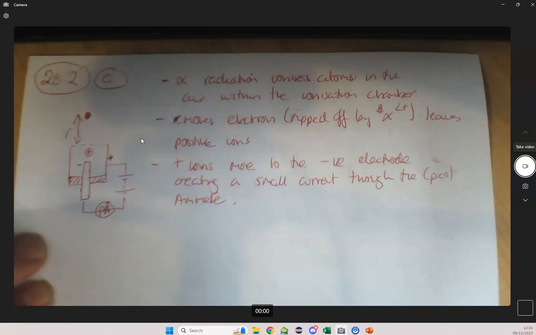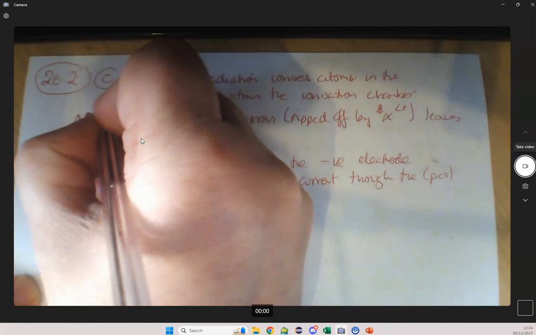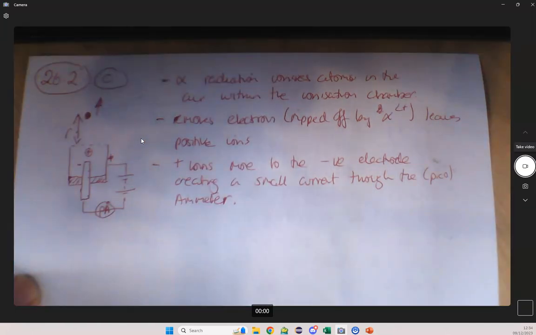Alright, cool. So we understand what's going on, but they said that what happens then is they move the source away. So they're going to be increasing r, so they're moving the source away, and suddenly the current is going to stop.